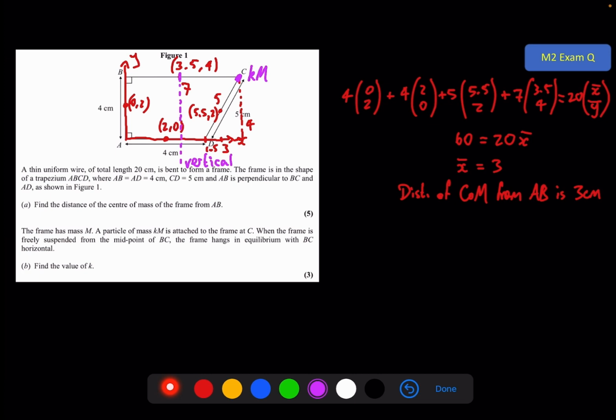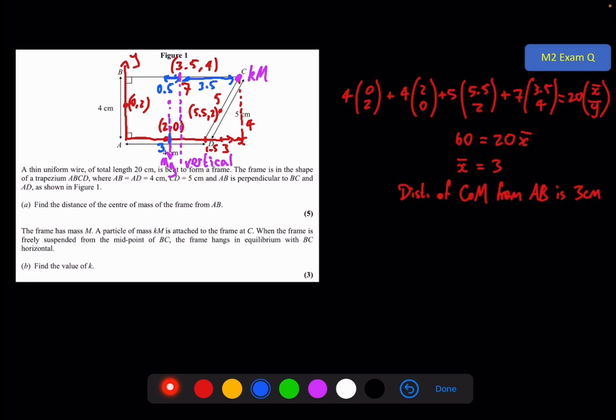So let's put that about here, where the key piece of information about this is that the line of action of this, weight of the framework, mg, is going to go through 3 on the x-axis. That's important because it tells us this distance here is 0.5, and we know this distance here is 3.5.